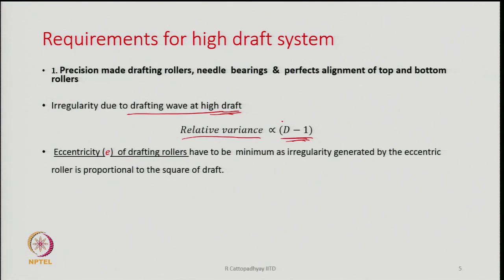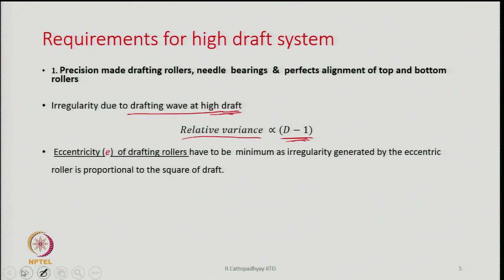So, if the draft is high, the relative variance is going to be high, and it is linearly related. So, if we think of going for high draft, we have to remember that it will give us very high irregularity also. So, we have to try to suppress the formation of drafting wave.